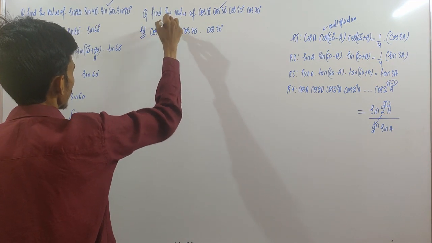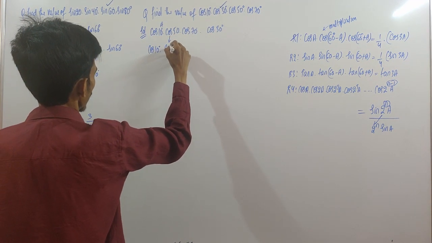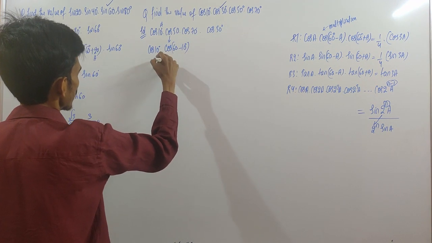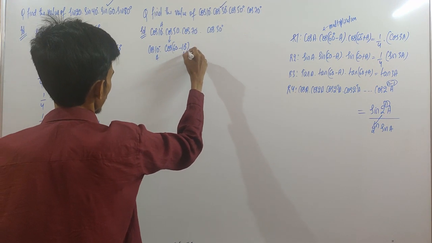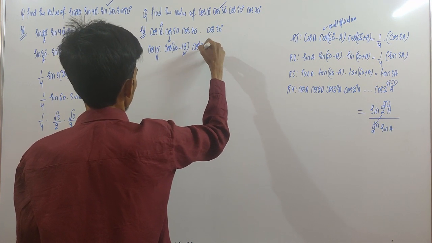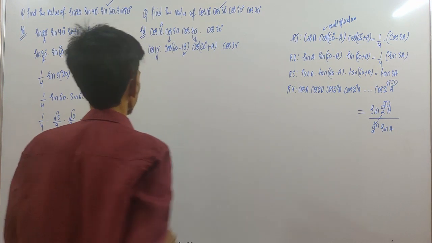Now consider this A: cos 10 can be written as cos(60 minus 10), cos(60 minus A) into cos(60 plus A), this term, into cos 30.